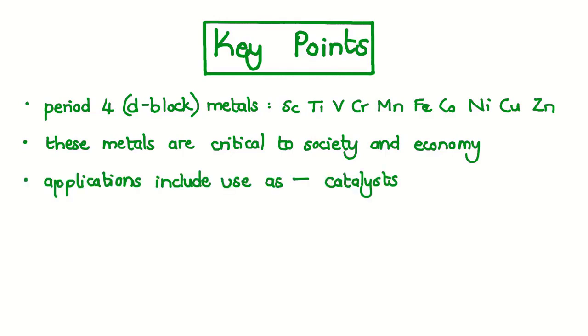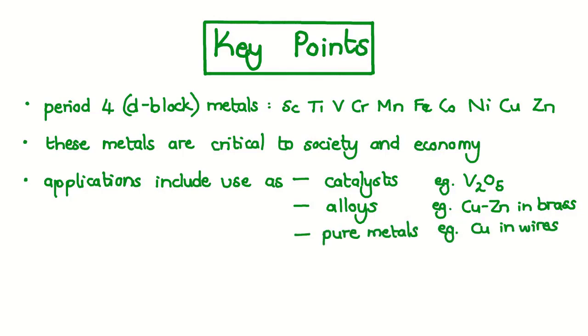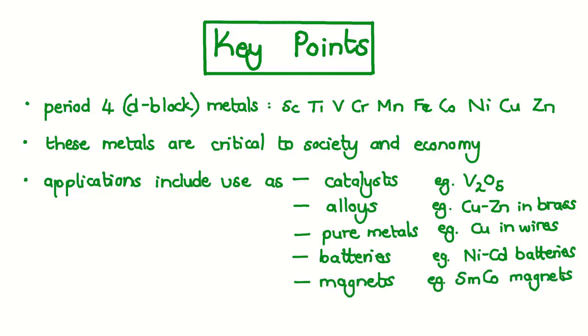Their applications include use as catalysts, for example, vanadium pentoxide in the contact process, use in many alloys, for example, copper and zinc in brass, use as pure metals, for example, copper in wires, use in batteries, for example, nickel in nickel-cadmium rechargeable batteries, use in magnets, for example, cobalt in samarium-cobalt magnets, and iron in electromagnets, and lastly, use in a variety of important compounds.